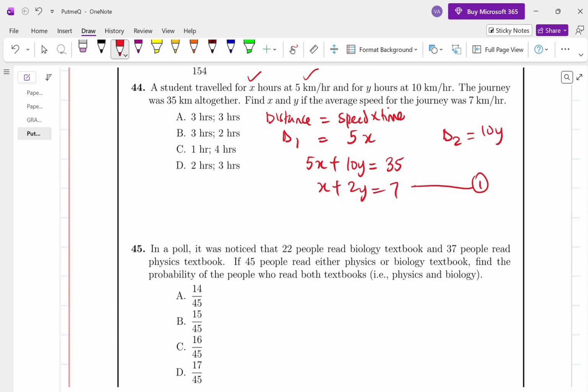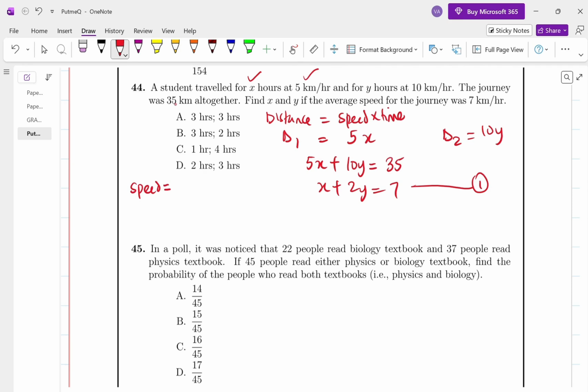That's the average speed. Now, for us to get average speed, we need to agree that speed is distance over time. That's what it is, distance over time.